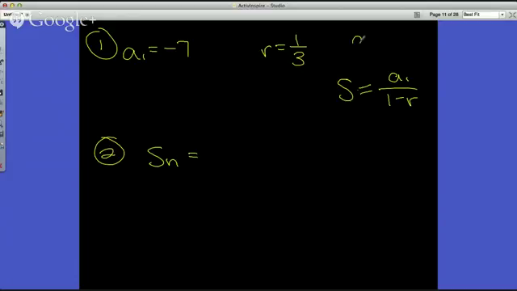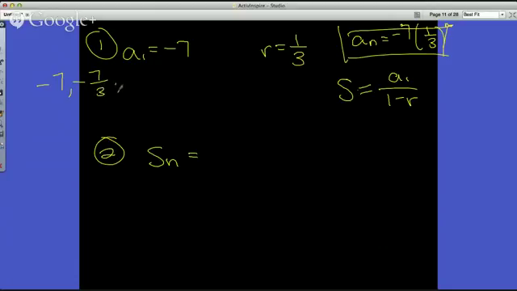Did it give you -7 times 1/3 to the n? It did on number 2, not number 1. So number 1, it just gives the sequence itself. What is the sequence? -7, -7/3, -7/9, dot, dot, dot.